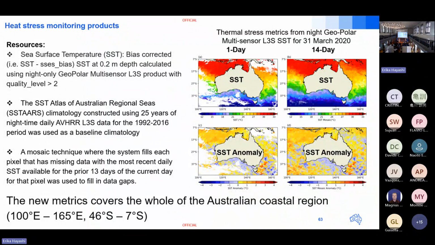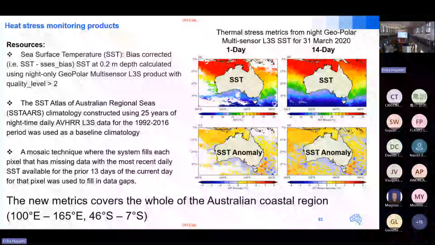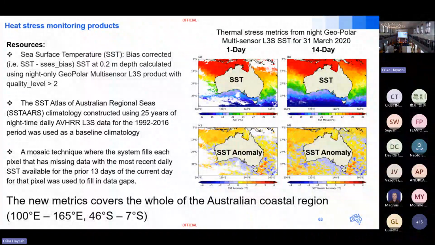So we were told not to include any data after 2016 in our climatology for these tools, and that's why we are using this climatology calculated from 1992 to 2016 in the region.